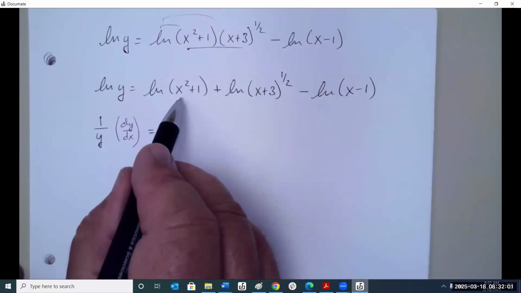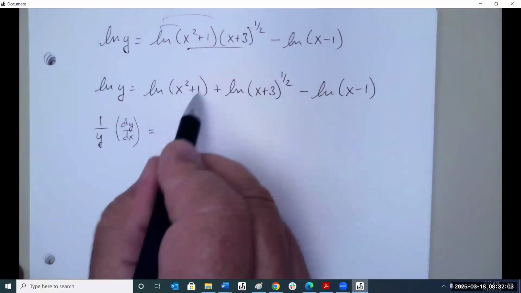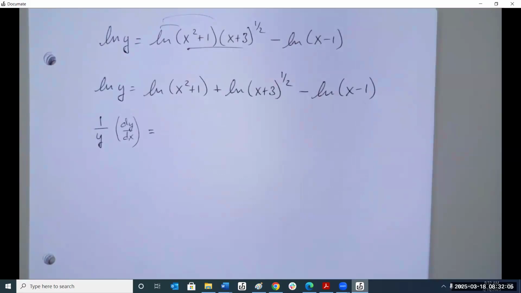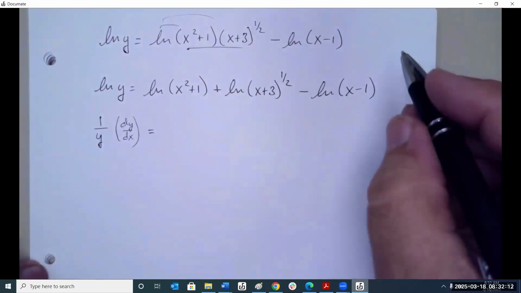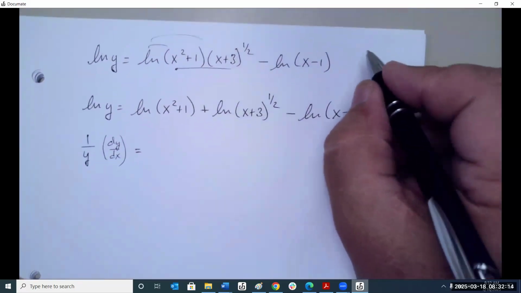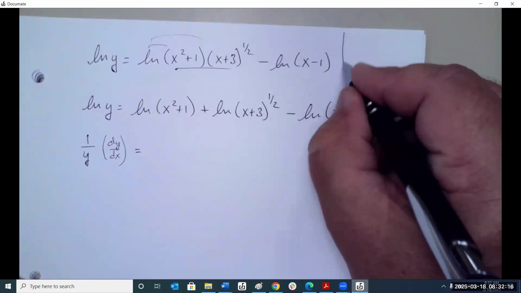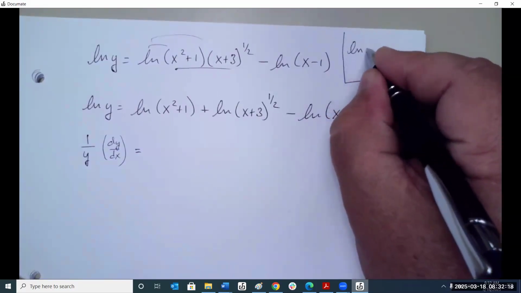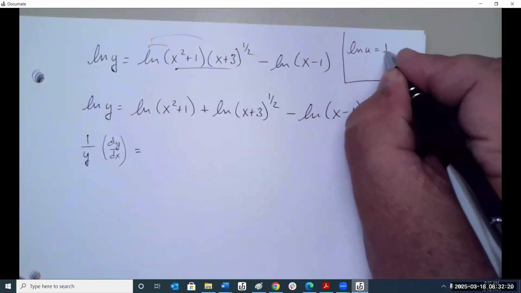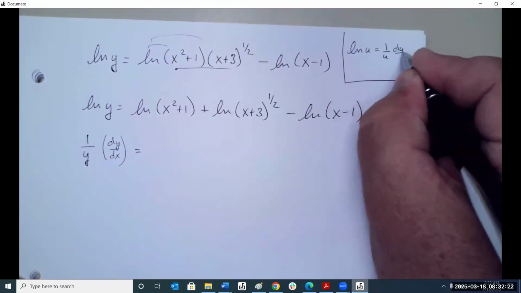Now this one. What's the derivative of this one? Remember, the derivative of ln u is 1 over u times du dx.